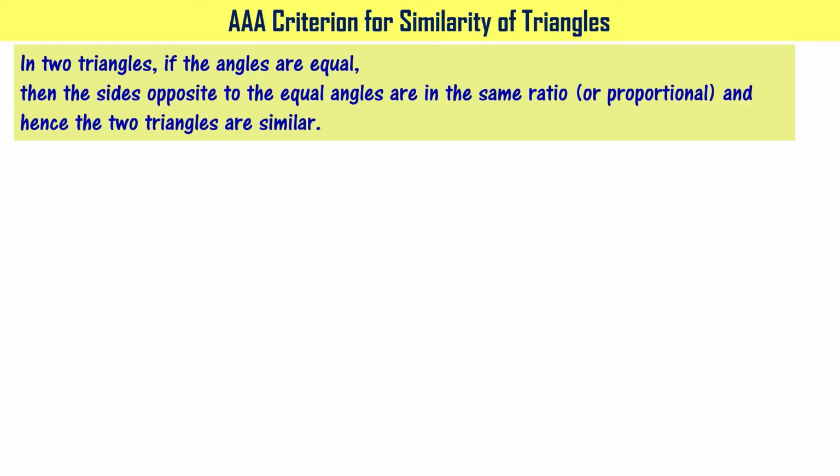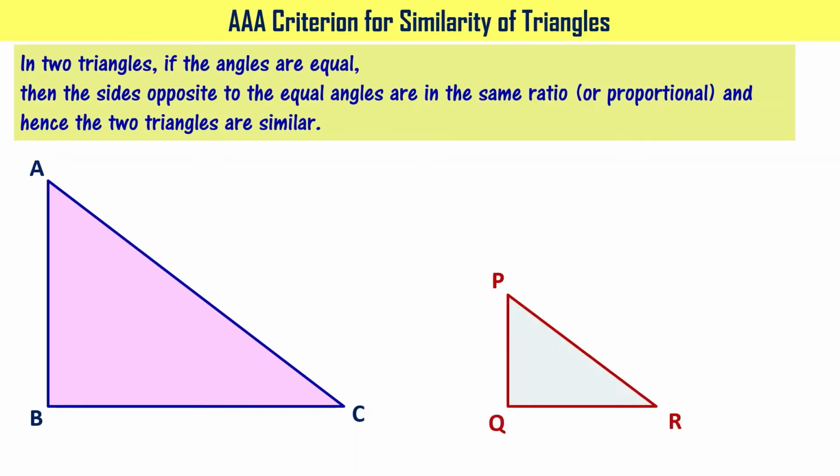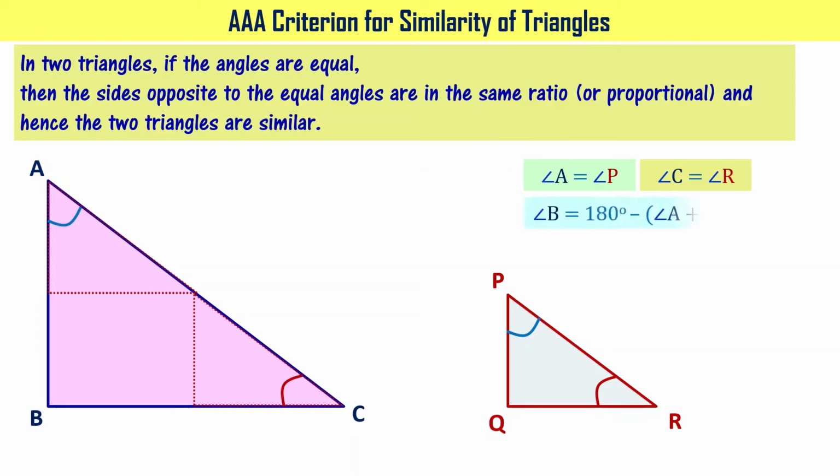Let's understand this statement. To do that, let's consider two triangles, triangle ABC and triangle PQR as shown here. As you see here, angle A equal to angle P and angle C equal to angle R, right? And we know that sum of the angles in a triangle is 180 degrees. It means if I consider triangle ABC, I can write angle B as 180 degrees minus angle A plus angle C, right?